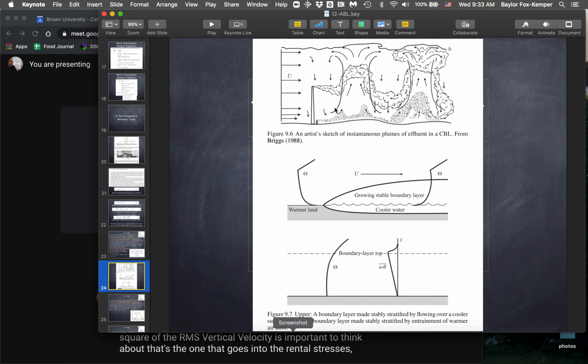But the skewness, the vertical velocity cubed, tends to be positive, which means that the updrafts are more intense than the downdrafts. And we'll see in the oceanic boundary layer that the downdrafts, the downward currents, especially in Langmuir turbulence, tend to be more intense than the upward return flows. So in the ocean, you tend to get a negative skewness. In the atmospheric boundary layer, you tend to get a positive skewness of vertical velocity.